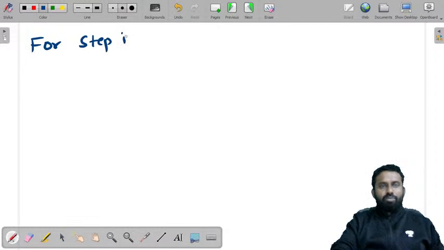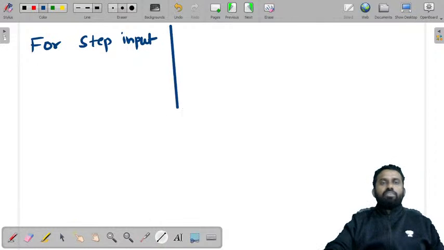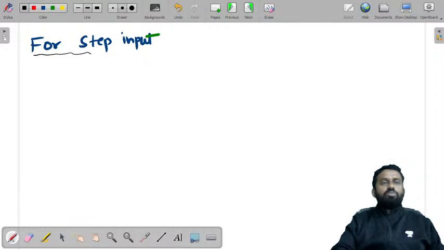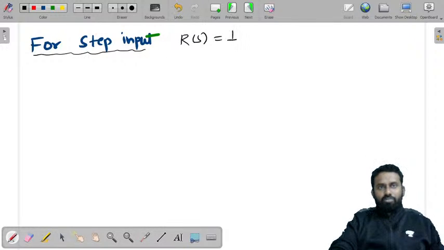For a step input, let's take a unit step. What is the unit step input? We know for a unit step input, R of s is equal to 1 by s.